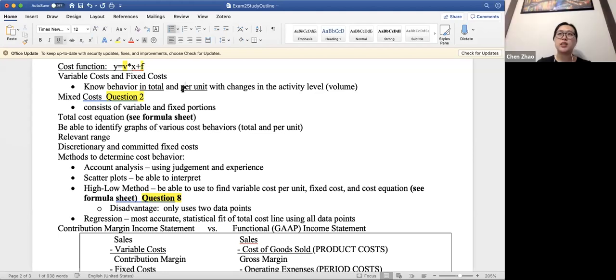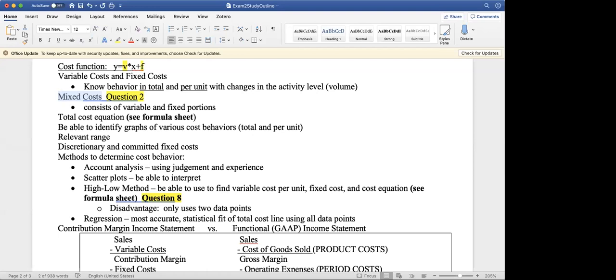In chapter 6, we also bring in another idea of a mixed cost. A mixed cost means a combination of variable cost and fixed cost. So my question is, does mixed cost increase as your total number of units increases?